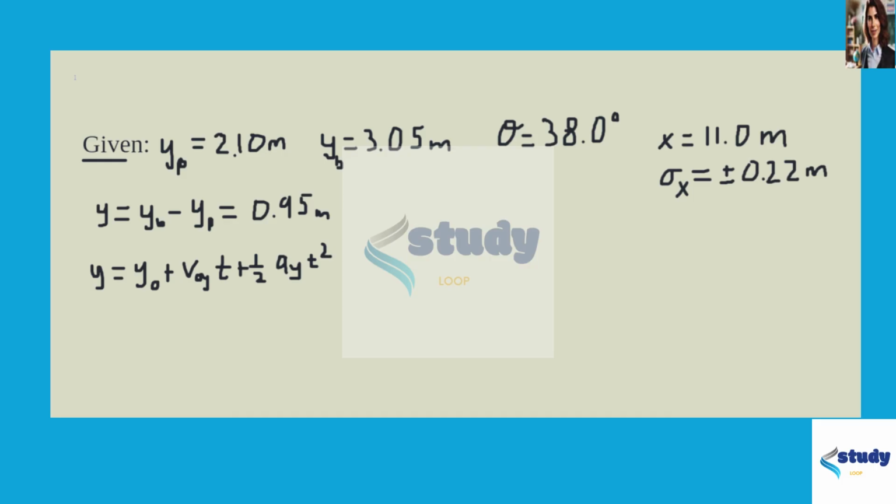In our new coordinate system, y of 0 is the origin point, it's 0. So let's simplify this. We now have y is equal to 0 plus v naught of y. Well, that is v naught times the sine of theta. So the initial velocity times the sine of the angle is the velocity in the y direction.